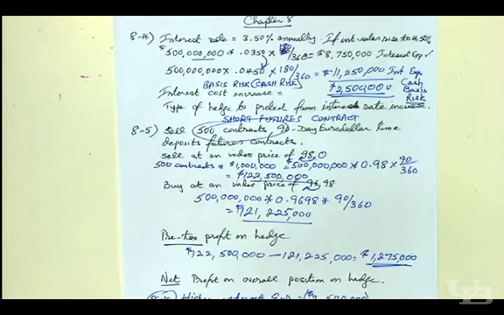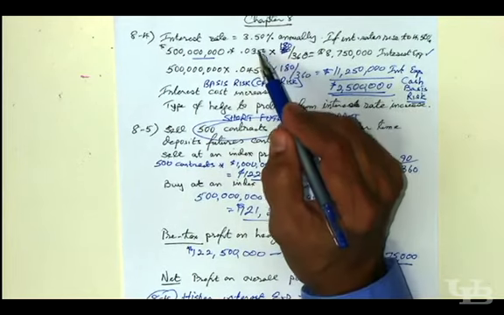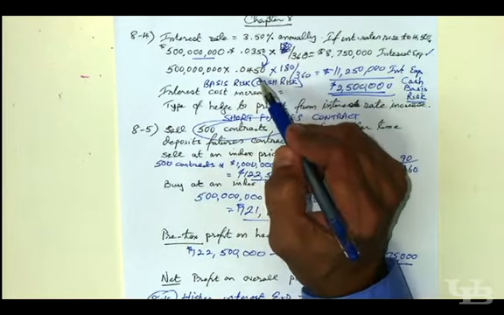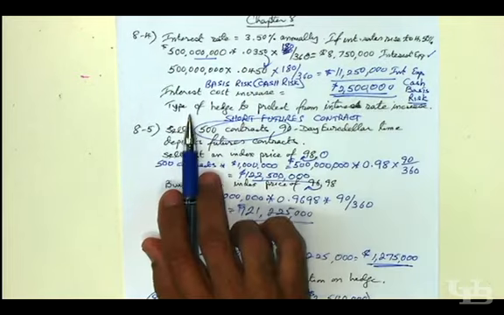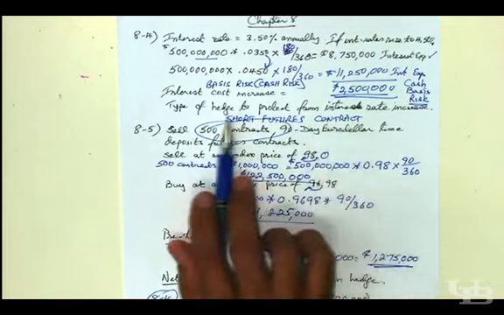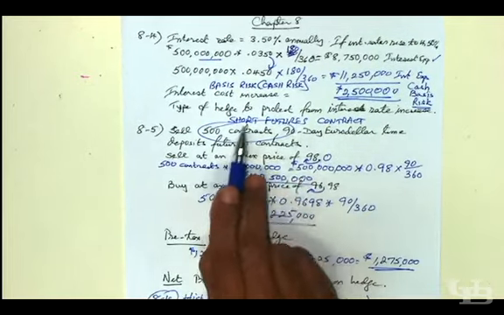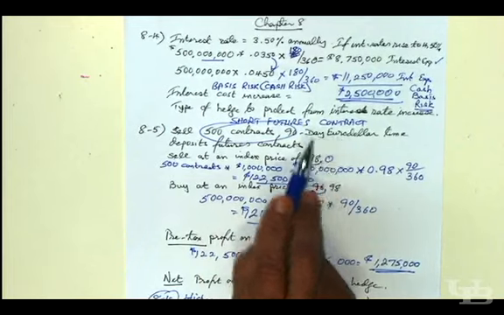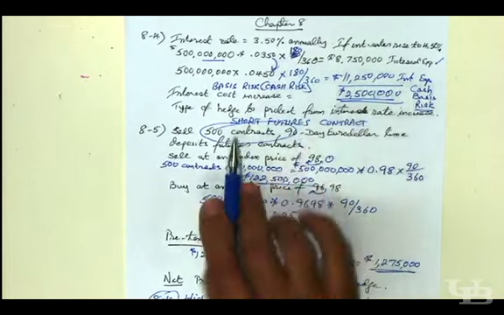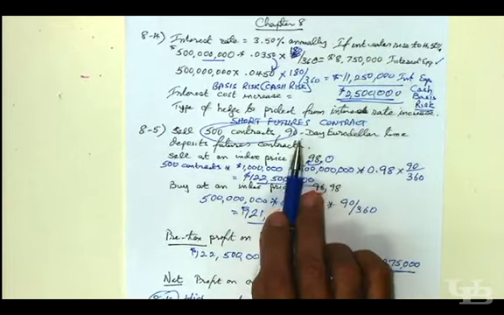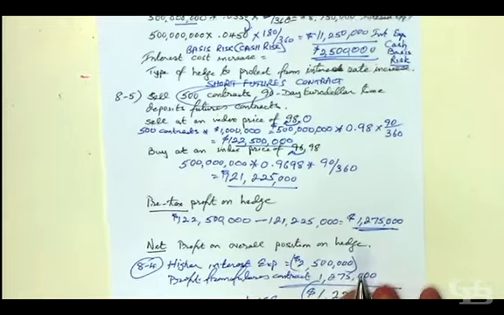Falling interest rates, an expected decline in interest rates, are long futures contracts. Rising rates are short. So because rates are expected to rise from 3.5 to 4.5%, the bank is going to protect itself with a hedge, and this is known as a short futures contract. If rates were expected to fall, it would be a long futures contract. Let's go to number 5.